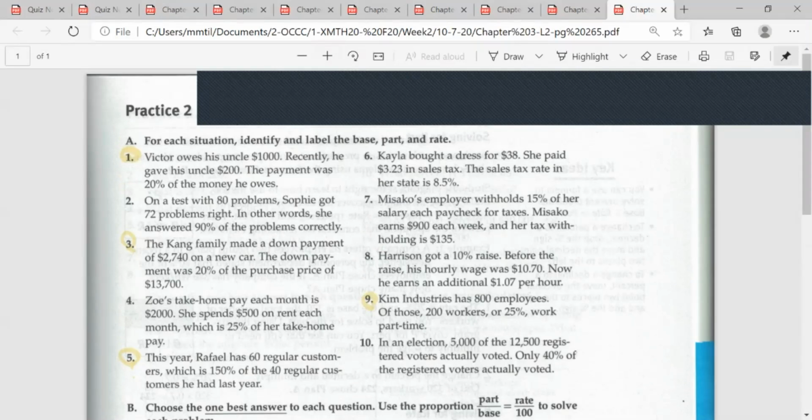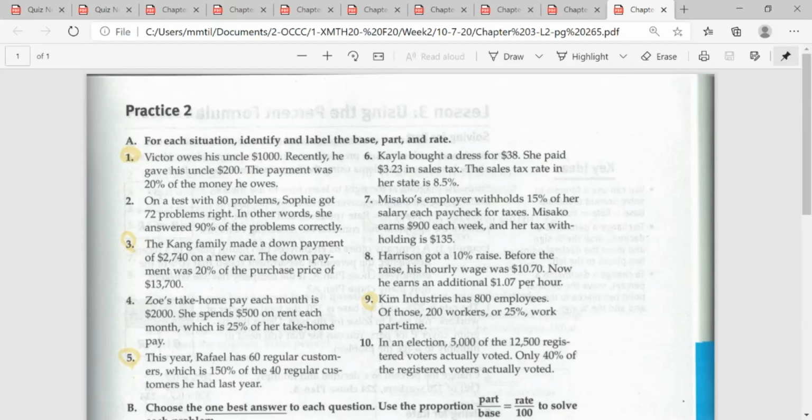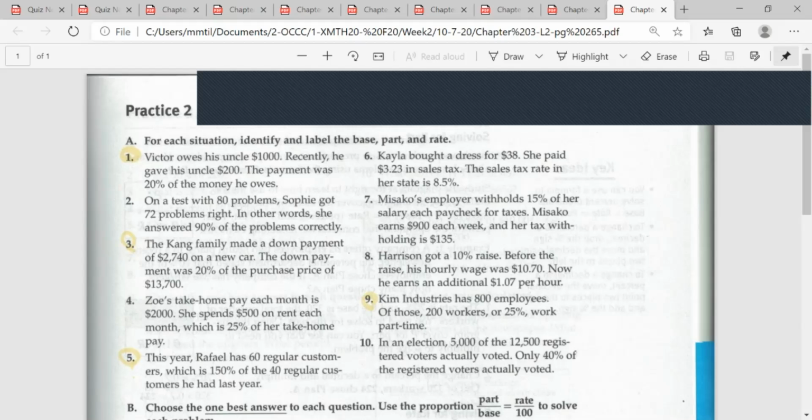She bought a dress for $38. She paid $3.23 sales tax. All we're trying to do on these ones is determine what the base, rate and part are. So look at number 6. What do you think the base is on this story problem? 38.